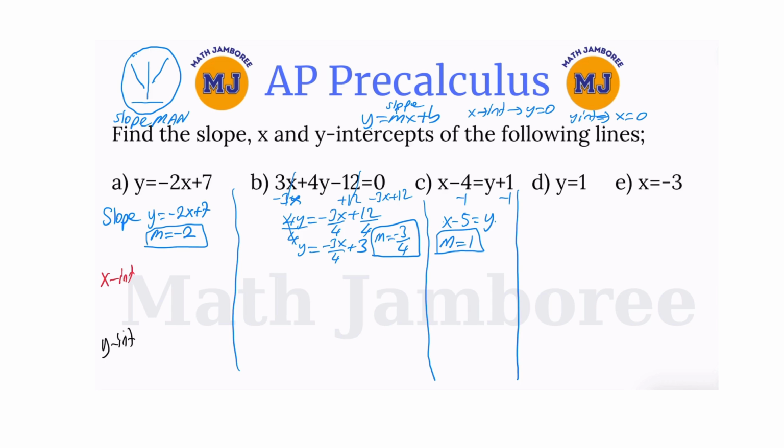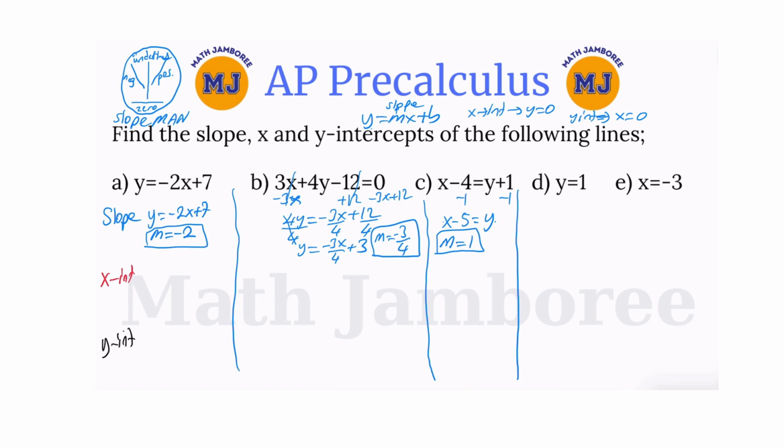If the line goes from left bottom to right top, its slope is positive. If it is from this way, right bottom to left top, it's negative. If it's exactly horizontal, it's 0. And if it's vertical, we call this undefined.